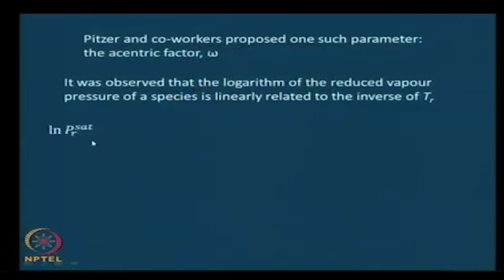In other words, the logarithm of the reduced vapor pressure P_R^sat, saturated pressure being the vapor pressure that we are talking about, is a constant times 1 by T_r. It is linearly related to the inverse of the reduced temperature. We will call this equation 317.